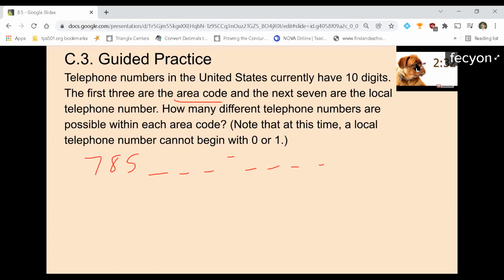Yeah, you can't put a 0 or a 1 at the beginning. So for that one, you don't have 10 choices. You only have 8. The rest of them, you have 10 choices. I bet you there's other requirements too, other numbers you can't have.